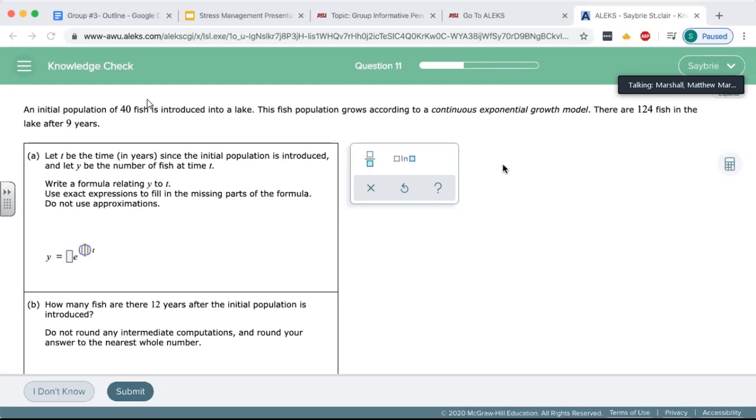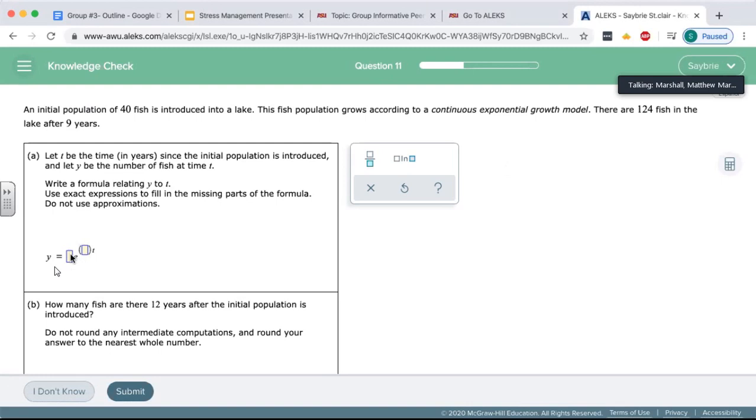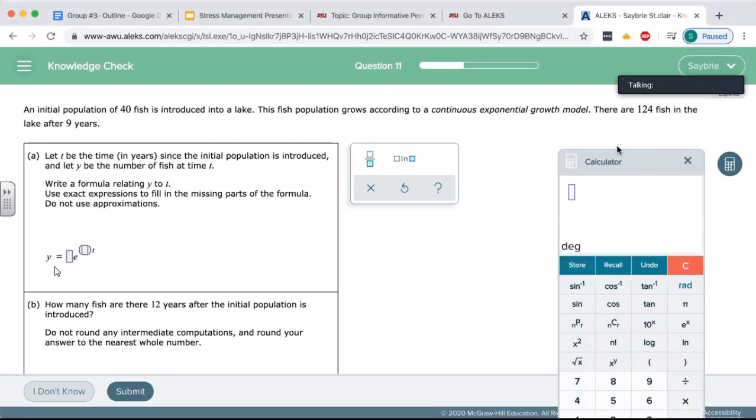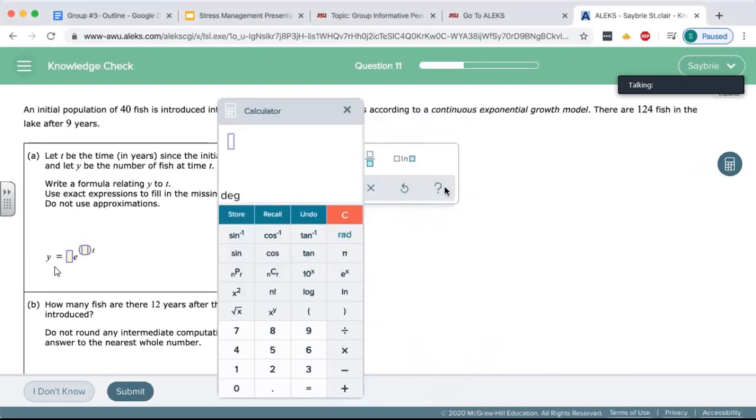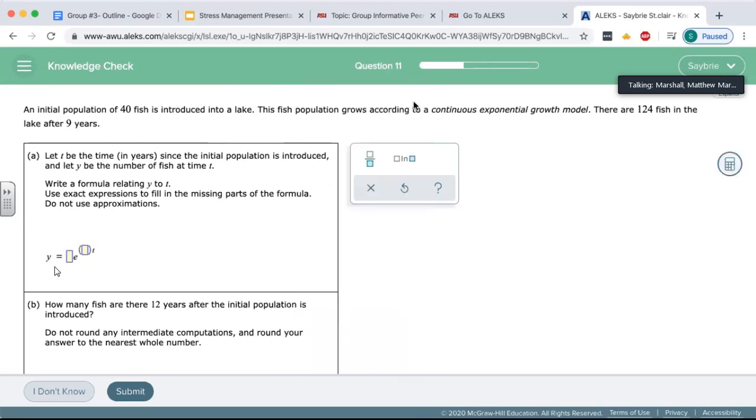Okay. So plugging in those numbers. So y, you gotta just plug those in, I guess. The little boxes right there. So that one is 120. Oh, wait a minute. Oh, shoot. Let's see. Okay. No, you know what? I think these are a little bit more complicated than that.